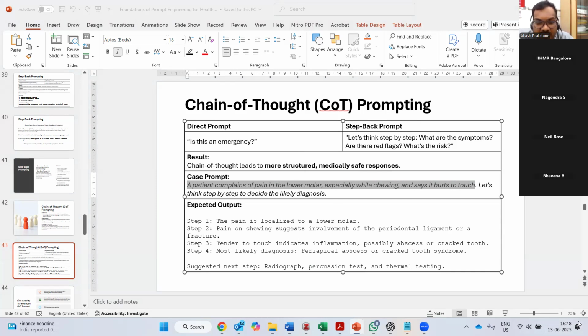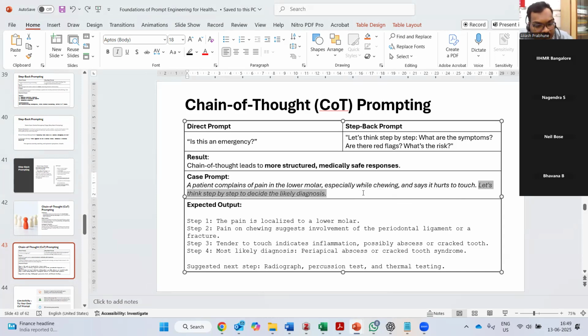So this is the patient's case, and let us hold on this. Now, if you're just putting a question, say, what is the diagnosis? Then you see what output you're getting, and then you try this thing. This is your prompt for COT.